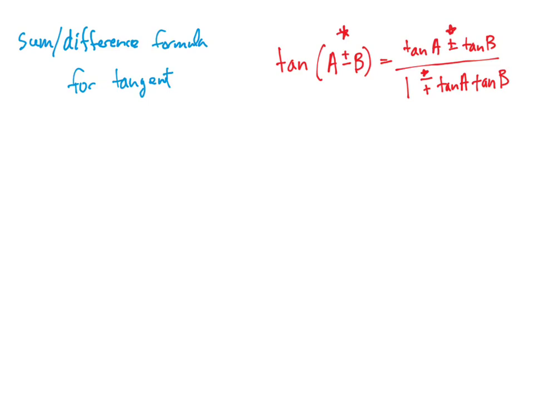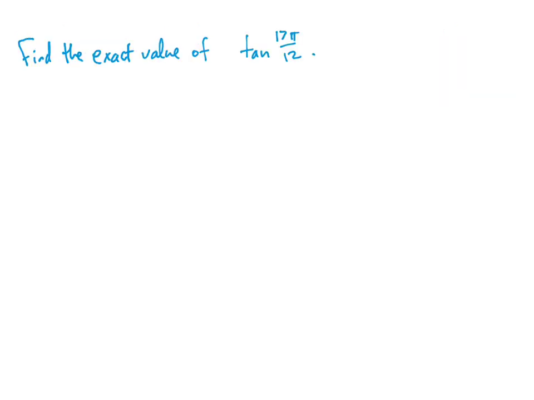So let's look at an example of one of those. Find the exact value of tangent of 17 pi over 12. Well, we can rewrite 17 pi over 12 as a sum of 8 pi over 12 plus 9 pi over 12.